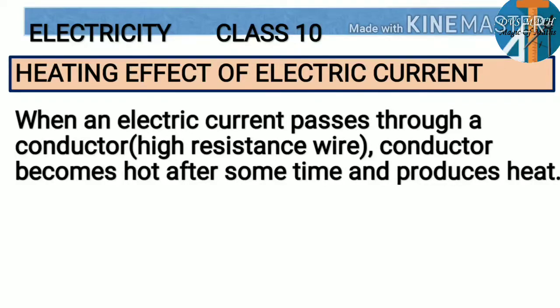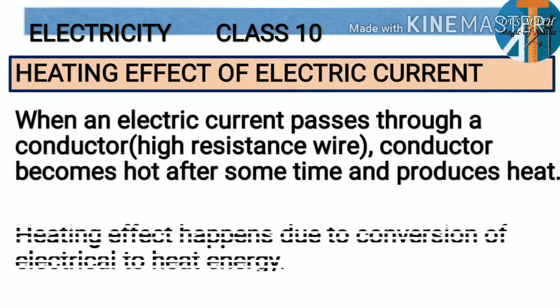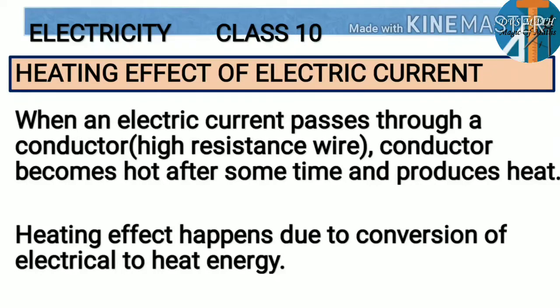In that conflict, the conductor becomes hot after some time and produces heat. Sometimes electrical energy directly converts to heat, and sometimes, due to high resistance, the conflict between the electrons and their motion produces heat.